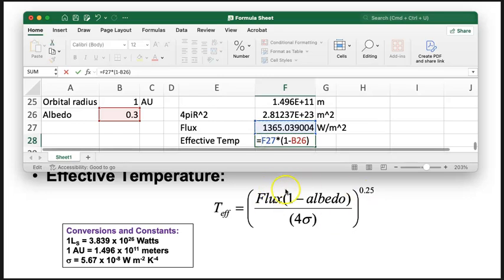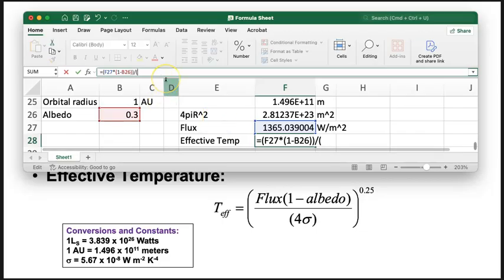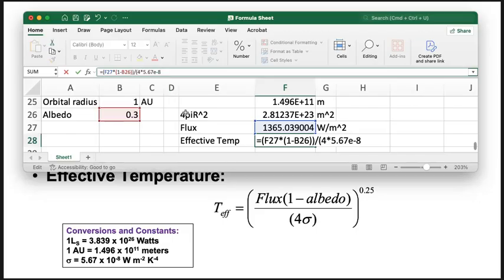Okay. That's my numerator. So I'm going to wrap that in parentheses, take that whole thing, and then divide by my denominator, and I'm going to start parentheses there to say, all right, what's the denominator? It's 4 times sigma. What is sigma? It's 5.67 e negative 8.